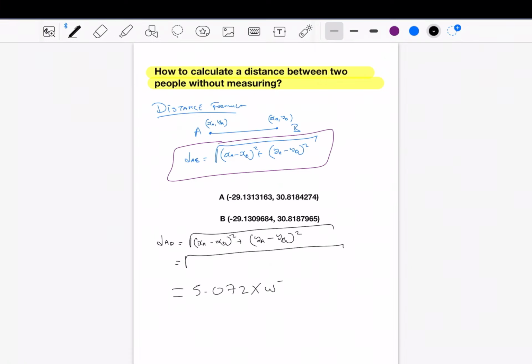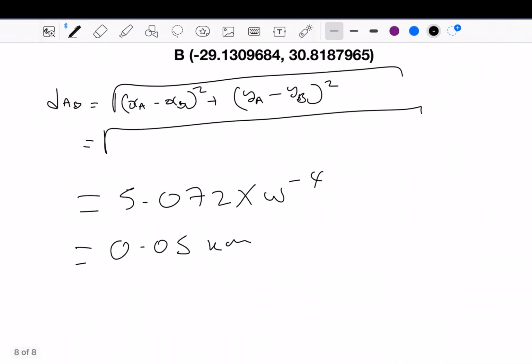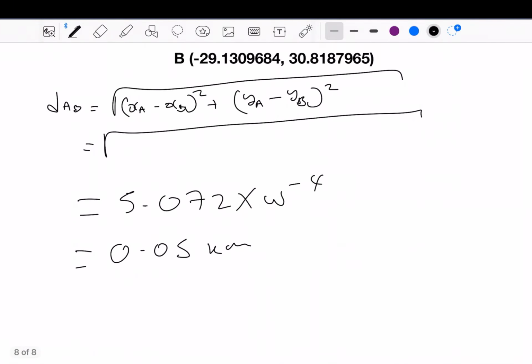5.072 times 10 to the power of negative 4. If you multiply this by 100, you should get 0.05 kilometers. That's essentially, if you multiply this by 1000, this is equal to 50 meters.